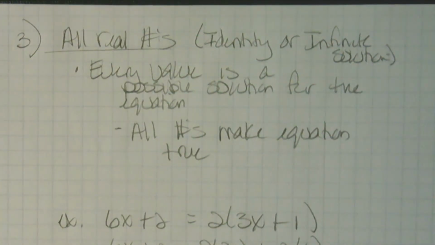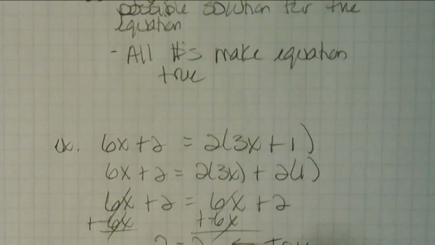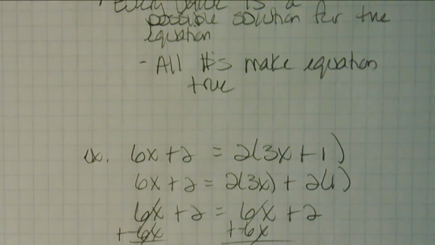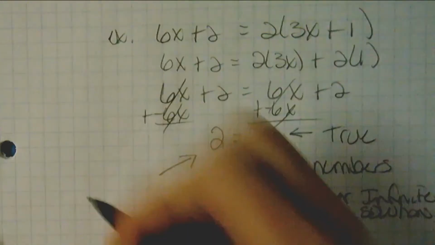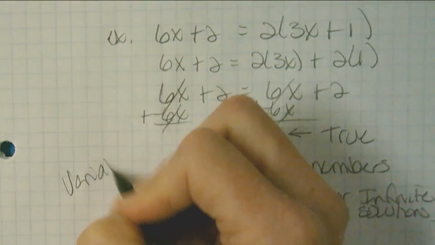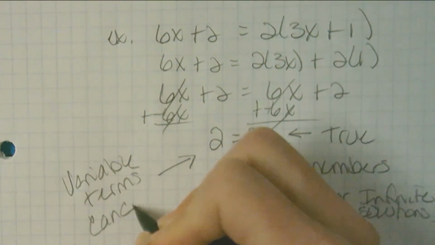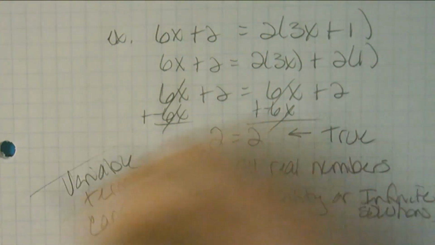All numbers make the equation true. And if you notice, our variable terms cancel out as well. That's also something to notice about infinite solutions or all real numbers, is that our variable terms cancel out.